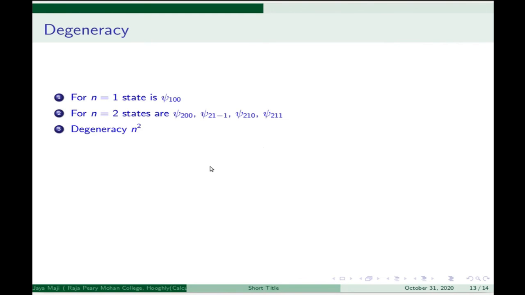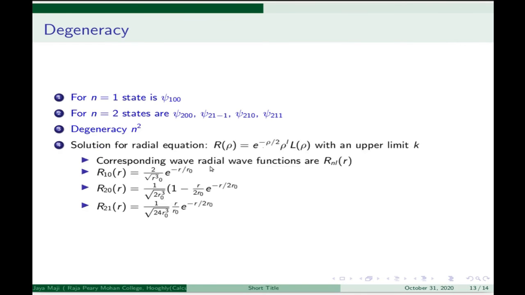Therefore we see that Bohr's theory cannot give the concept of degeneracy which we get from the Schrödinger picture. So the solution of the radial equation with upper limit k is R of rho, which is e to the power minus rho by 2 times rho to the power l times L of rho, and the radial solutions for n equals 1 and n equals 2 are the following.